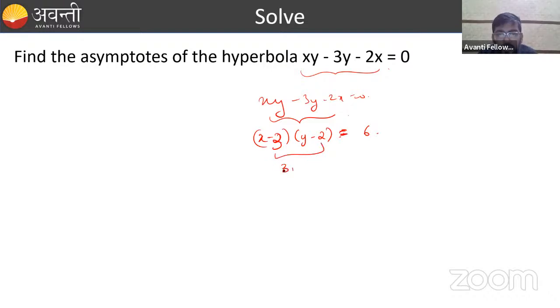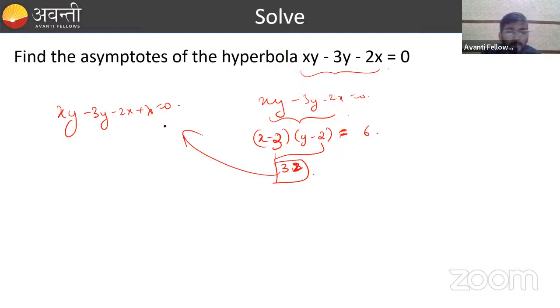Now we know the center is (3, 2). So the equation of the asymptotes will be xy minus 3y minus 2x plus lambda equals 0, and (3, 2) will satisfy this equation because asymptotes pass through the center.